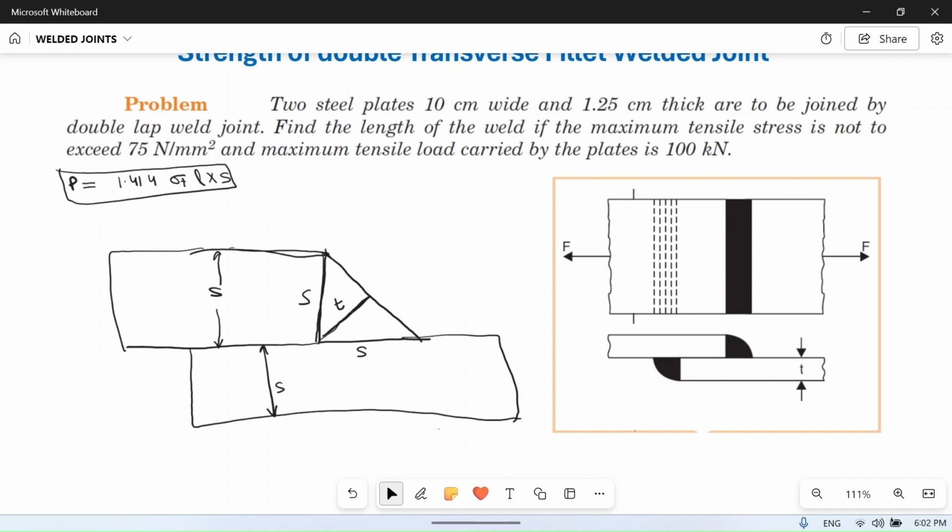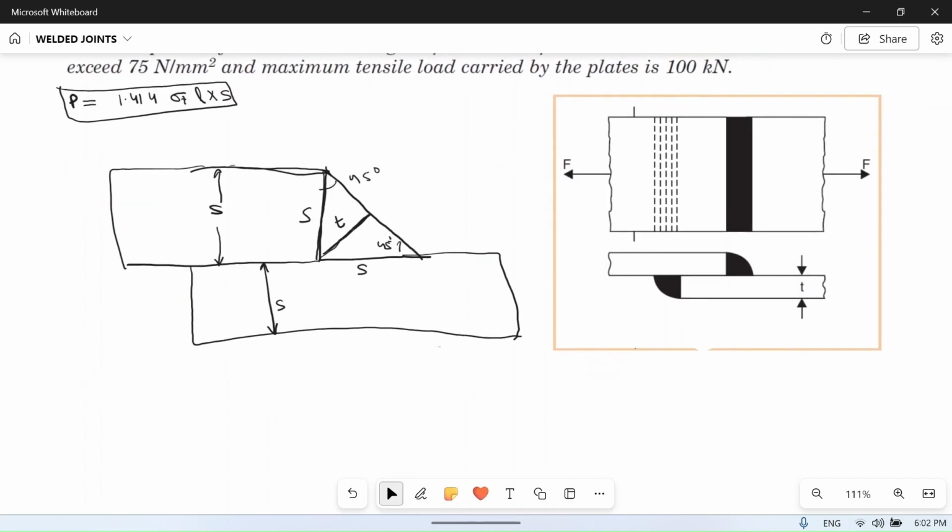These two are equal, so this is 90 degrees, and this will be 45 degrees, and this is also 45 degrees. At which point is the weld weakest? Suppose load P is applied. The minimum width is here at the throat.